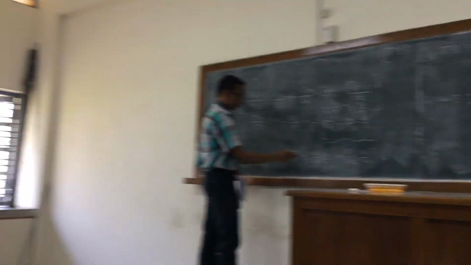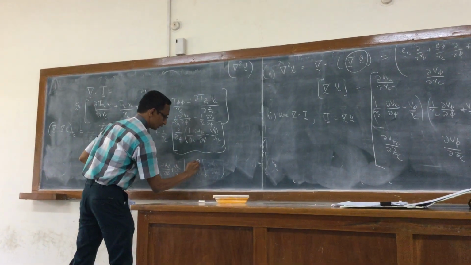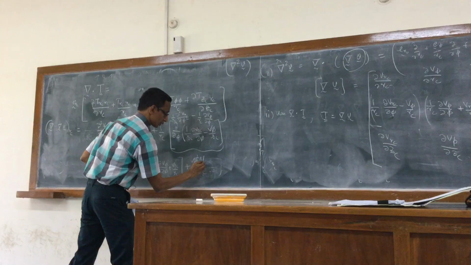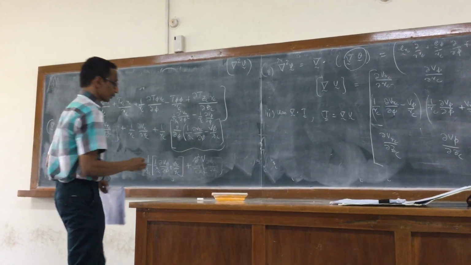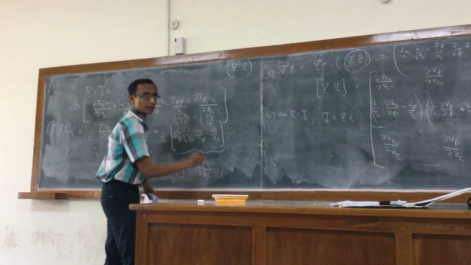Now this would be whatever it is, there is no differentiation here. So this is really d squared vRC by dz squared.